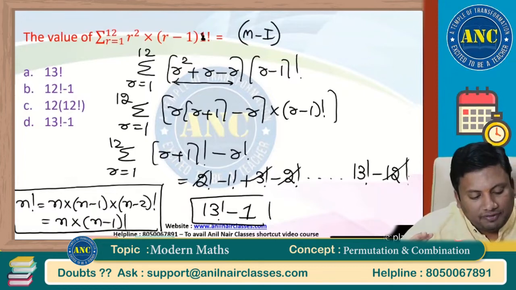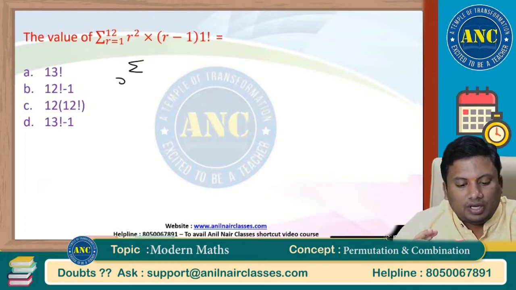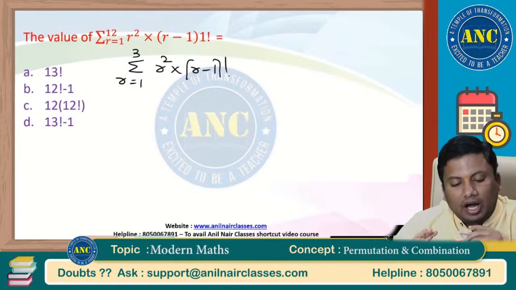In case you forget this logic, what I told you is the optimal approach: summation r equivalent to 1 to 3 of r square into r minus 1 factorial, optimize it.